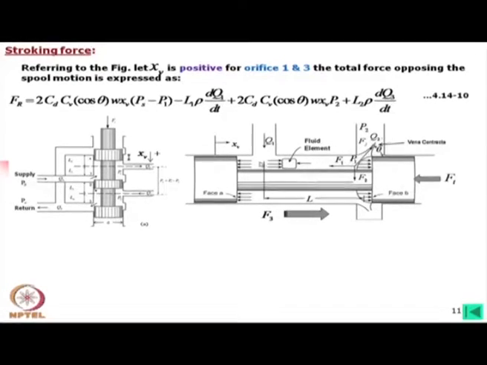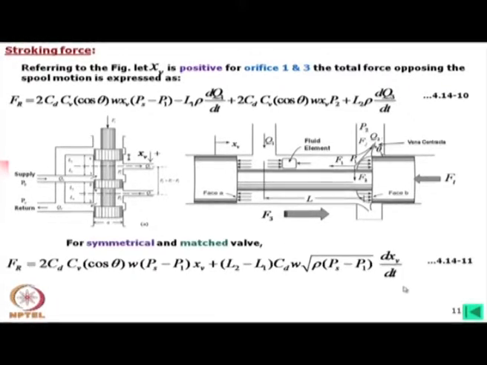From this analysis we have combined the two ports. Then for a symmetrical and matched valve, we finally get this equation. This is F_R, the total force due to the transient flow and the steady state flow.